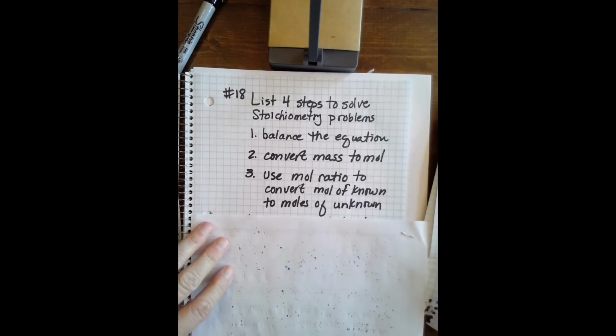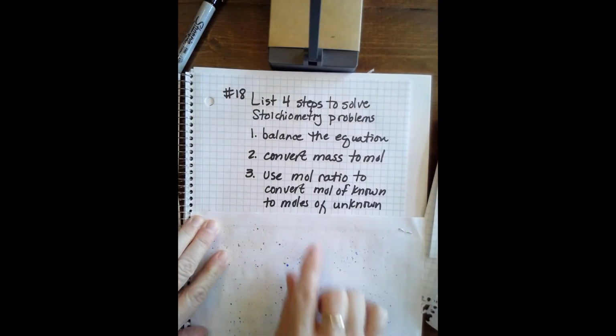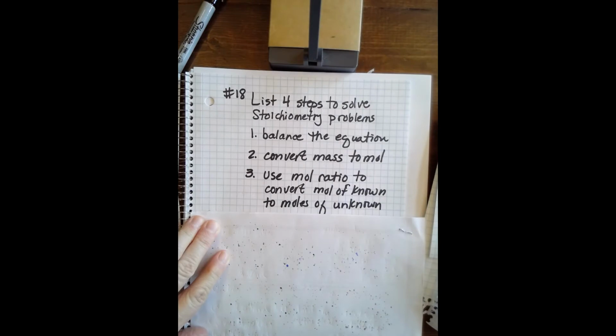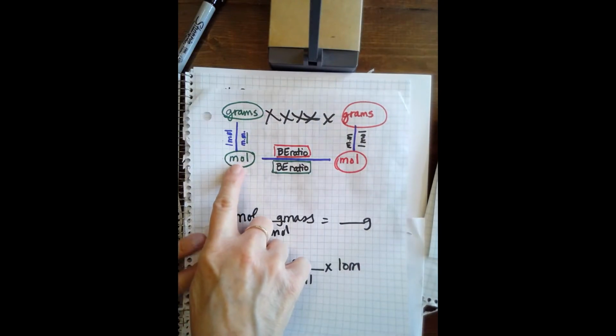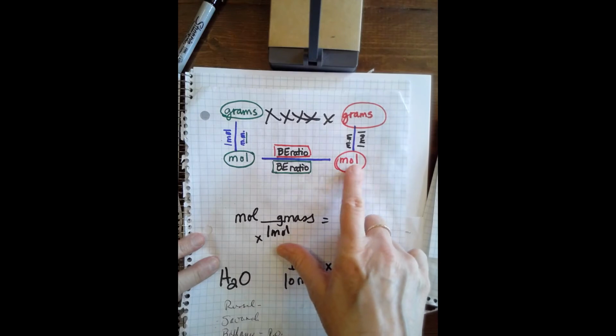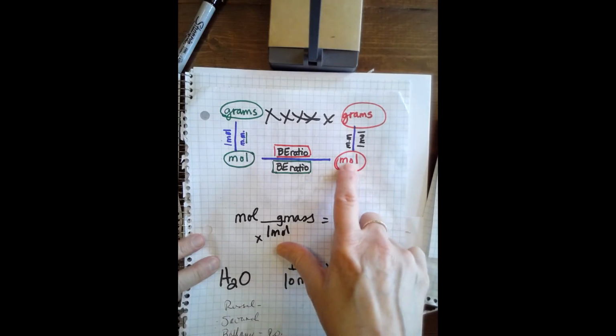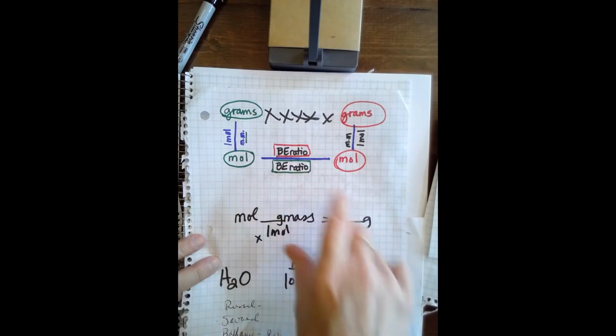The next step is to use the mole ratios to convert from moles of the known to moles of the unknown. And that, my friends, is what is happening right here. We know how many moles of this substance we have, but we must know how many moles of the unknown. So that's how we do that, using the mole ratio from the balanced equation.